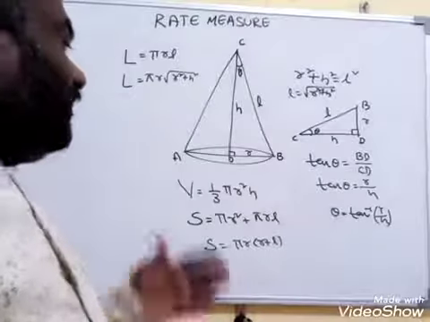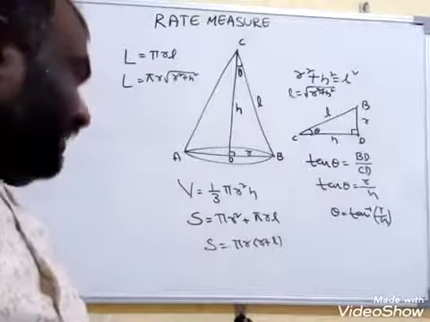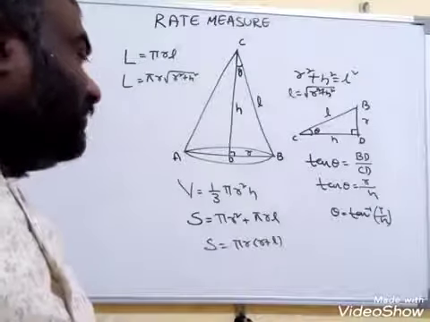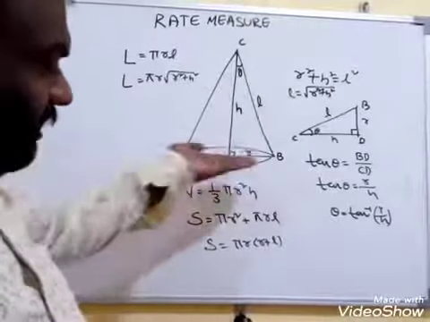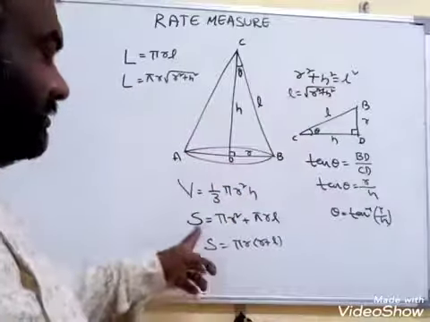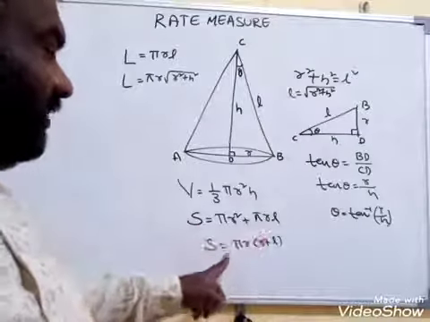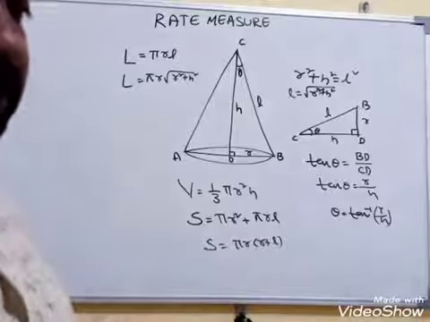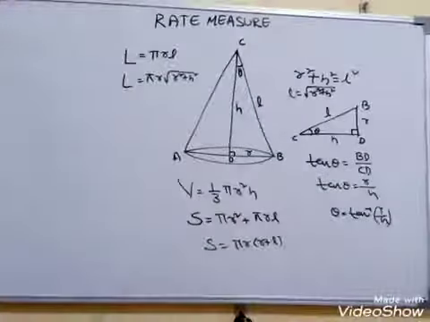Further, the volume of the cone is 1 by 3 pi r square h. Total surface area means lateral surface area plus the circular base, the area of the circle. If you take pi r common, you get pi r into l plus r. This is regarding the cone.